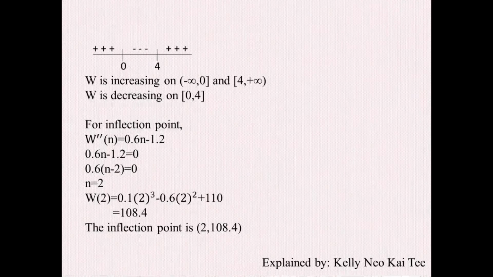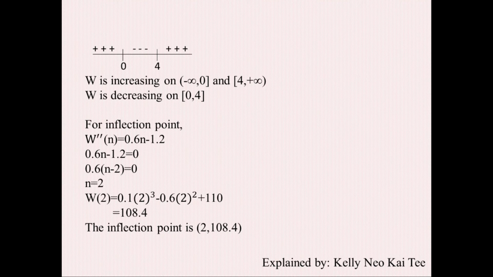From the solution, we conclude that the function W is increasing on the interval from negative infinity to 0 and the interval from 4 to positive infinity, while the function W is decreasing on the interval from 0 to 4.